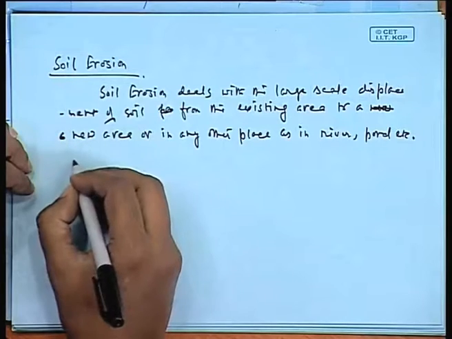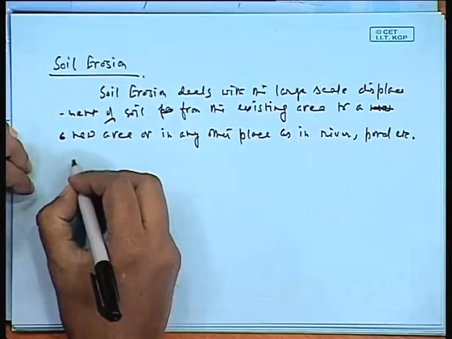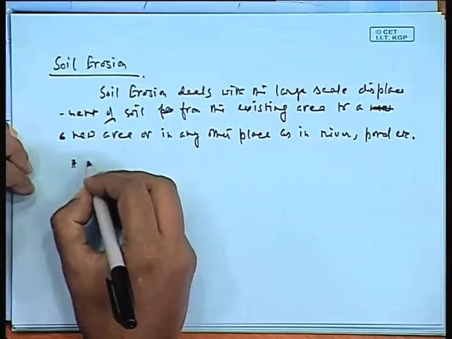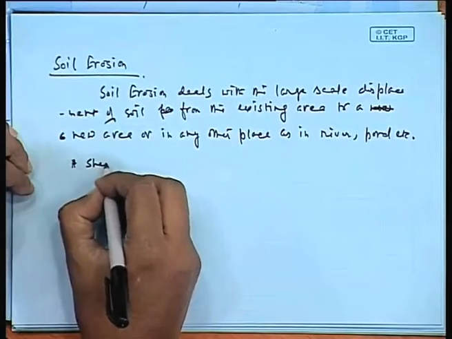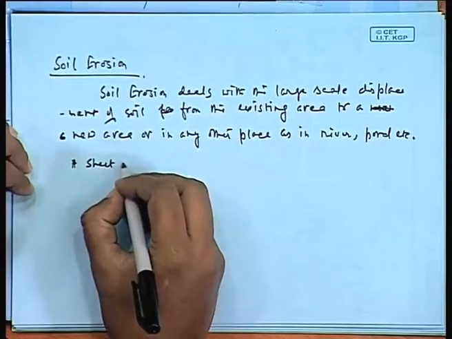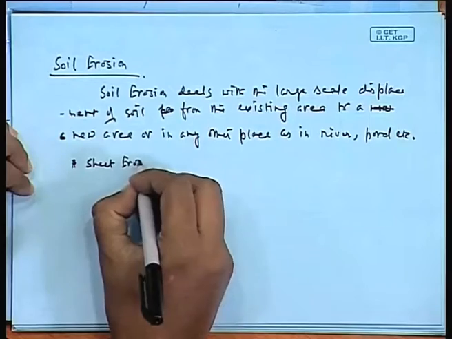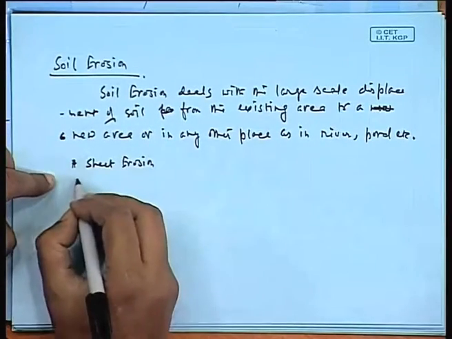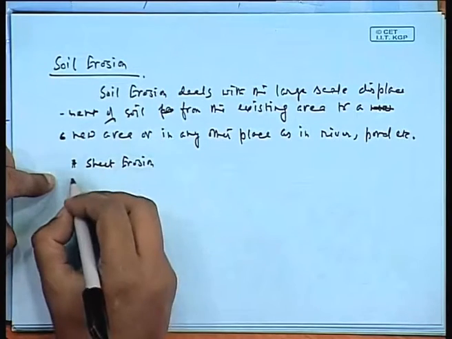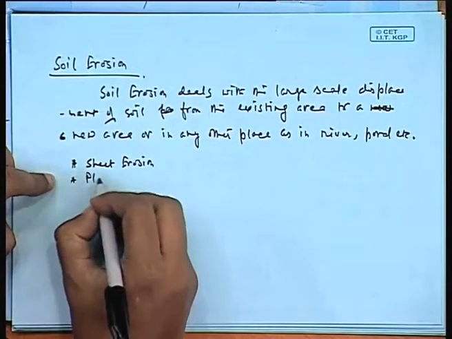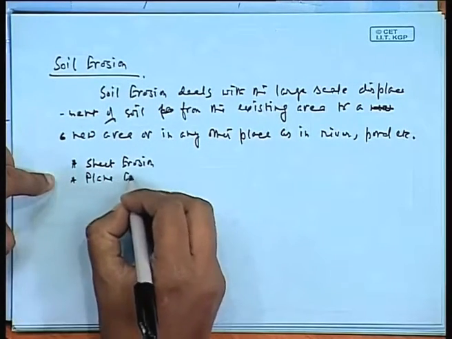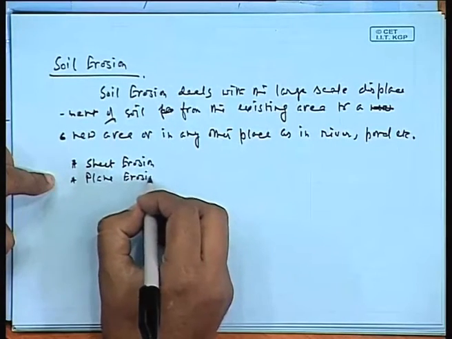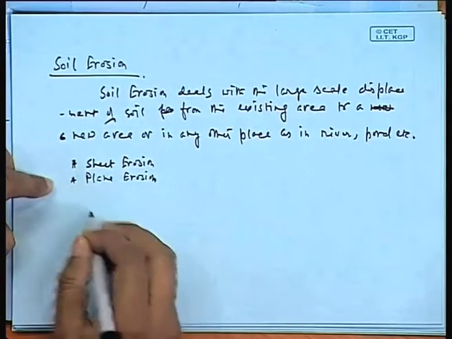Now, having said that, there are a few important different kinds of soil erosion that we will discuss today. One is called sheet erosion, also known as plain erosion.